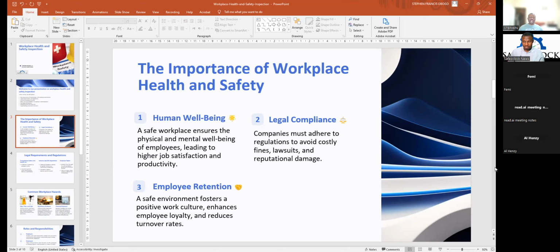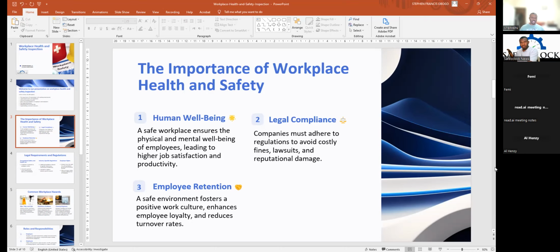Because we know what can happen when a company fails to comply with legal requirements. When a serious fatality happens within the site, reputational damage will be there. You cannot escape lawsuits, even costly fines, even from the government regulators. These are the legal implications when a company fails to comply with legal compliance.